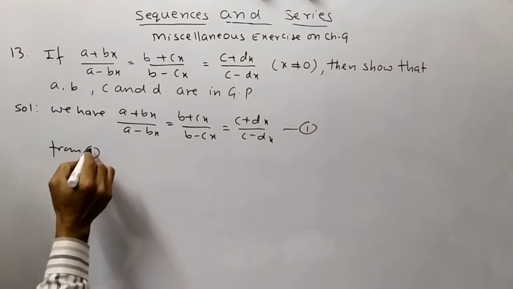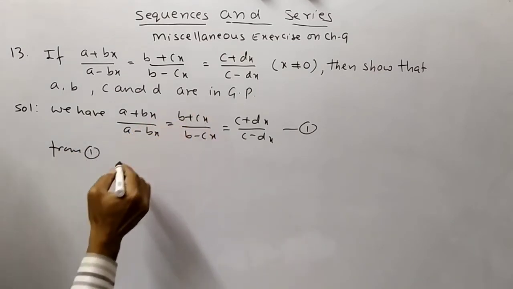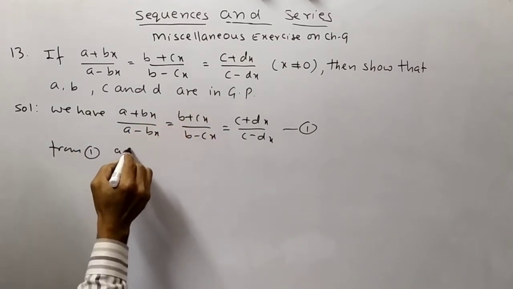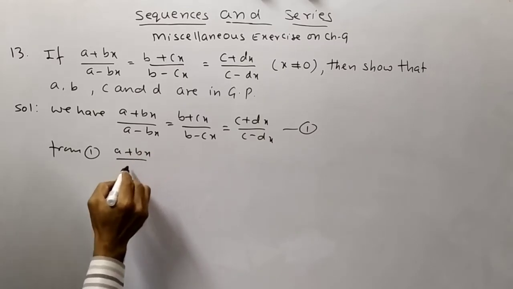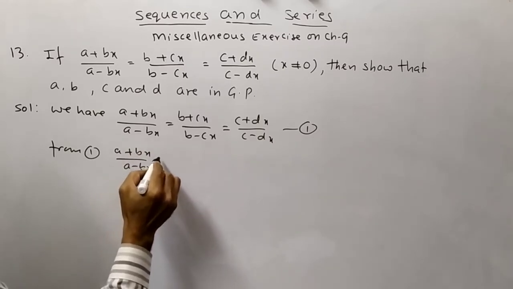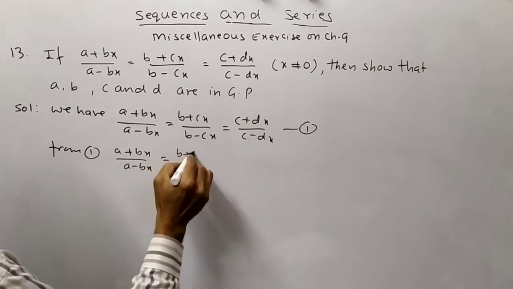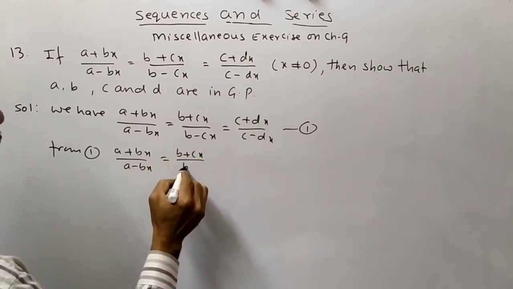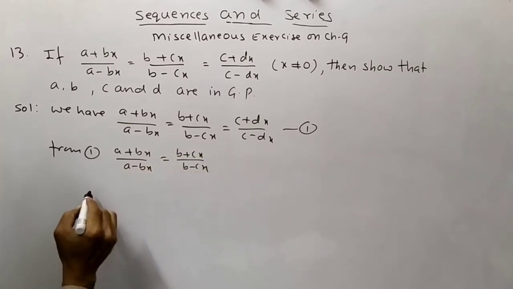From 1 we can take first two ratios, that is a plus bx divided by a minus bx is equal to b plus cx divided by b minus cx.